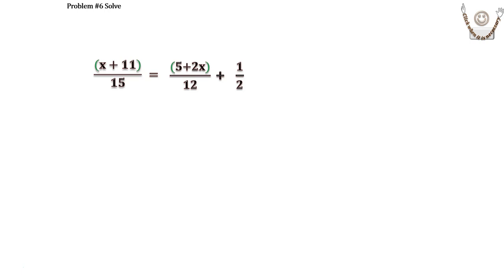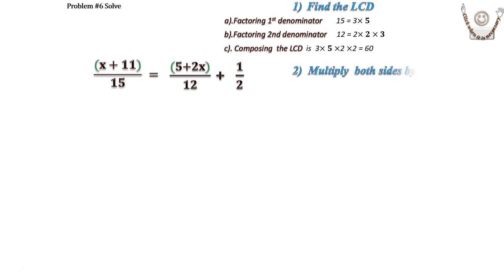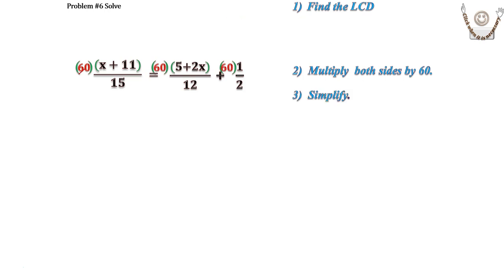Previous equation, but I will use a more practical approach. So the least common denominator for 4, 15, 12, and 2 would be just 60. Now we are going to multiply all fractions on both sides by the least common denominator.